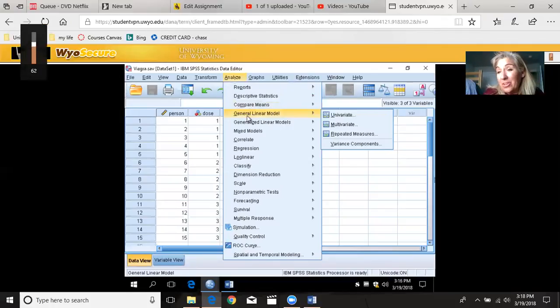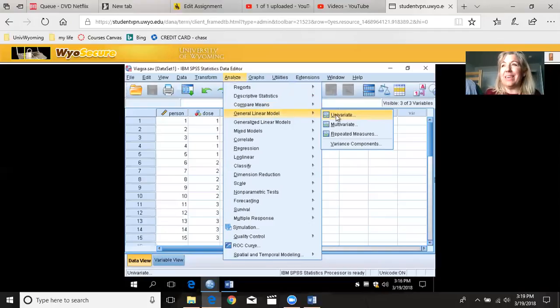Model. ANOVA and regression and t-test, these are all general linear models. And so let's come over here to the univariate general linear model. If you have the chance to take 5530 over the summer, you'll use the multivariate and repeated measures.